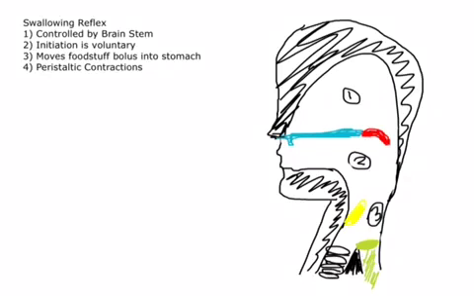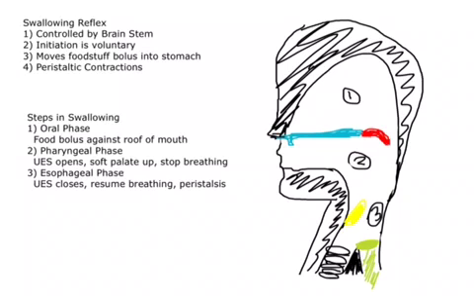Now we're going to go into the steps in swallowing. In the steps in swallowing, we have phase 1, which is the oral phase, where the tongue pushes the food against the roof of the mouth. When the bolus is pushed upwards and back to the roof of your mouth, this is touch information.